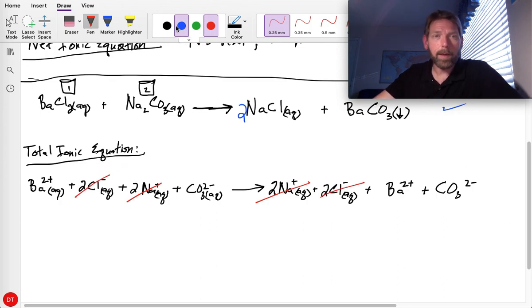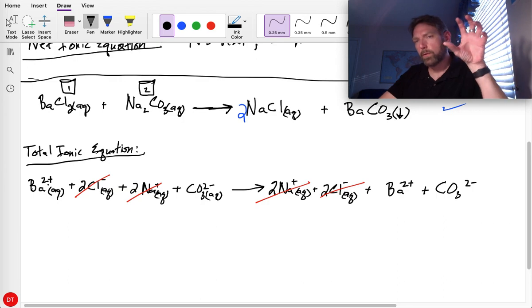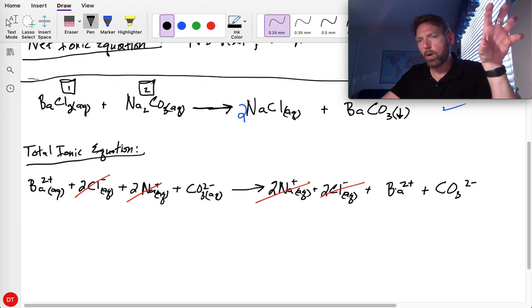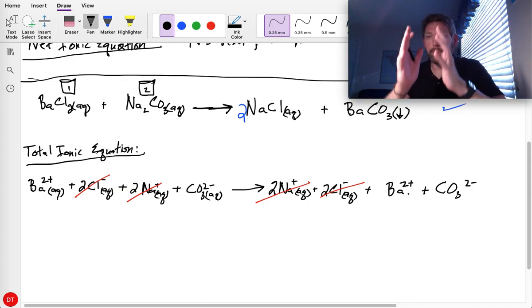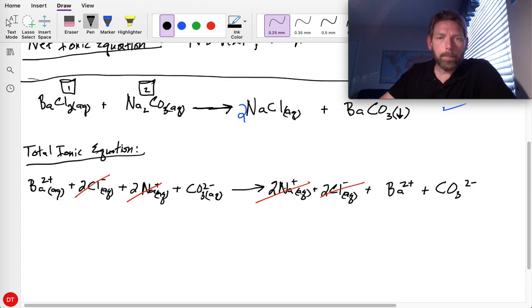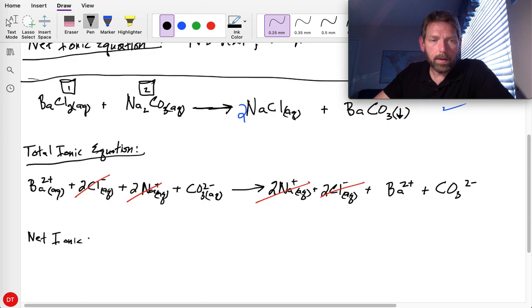We can strike through that. But then we see here that the barium is aqueous when it was over here in solution 1, but now that it's mixed over here, it's no longer staying in aqueous form. It's going to come together with the carbonate and precipitate out of solution. So we're done now with the total ionic equation. So now what we have is our net ionic equation.